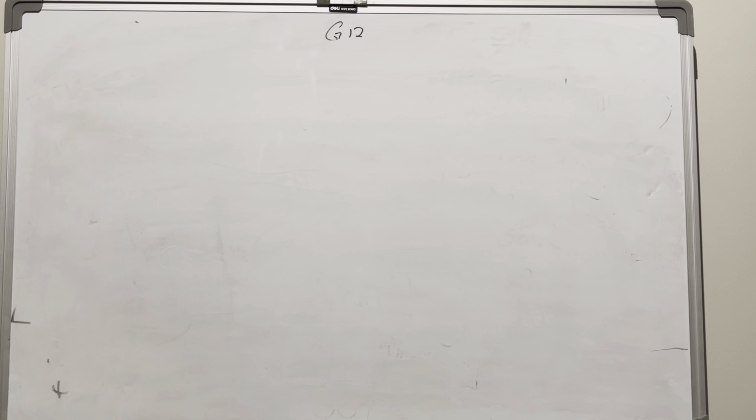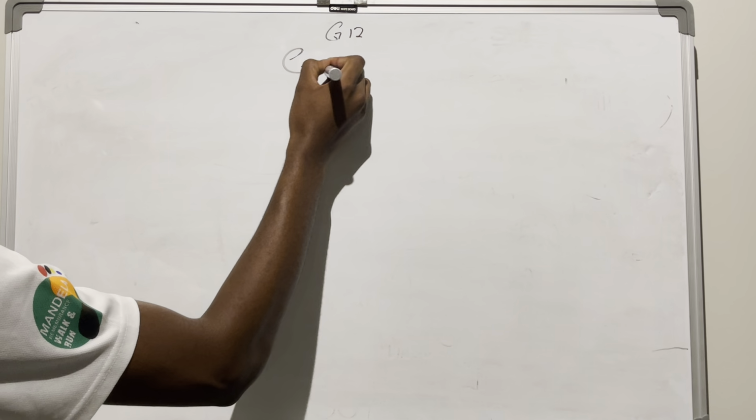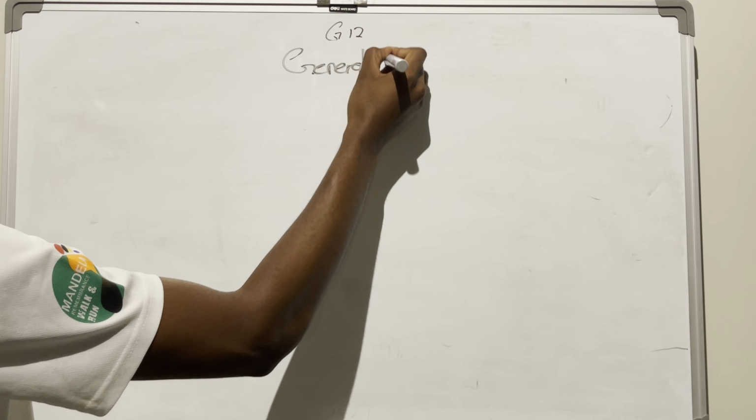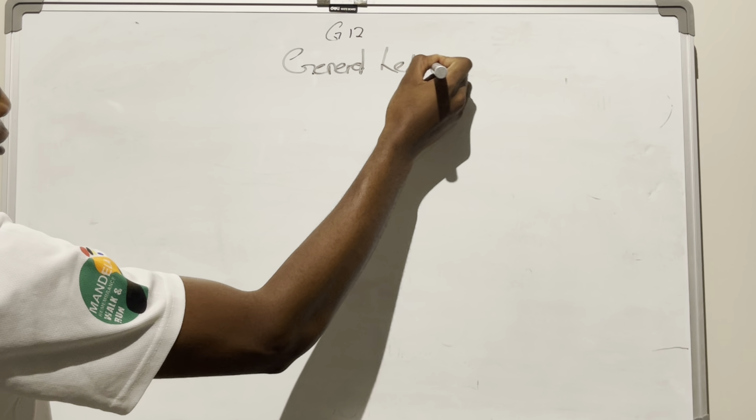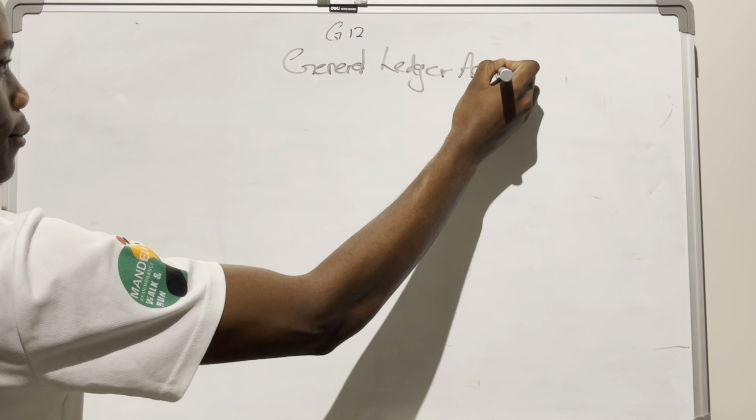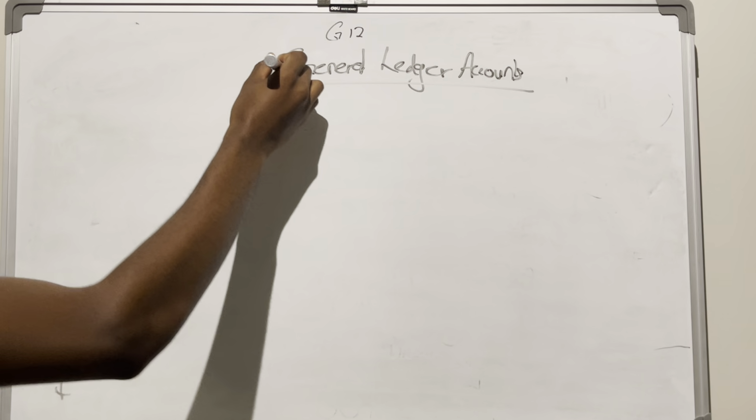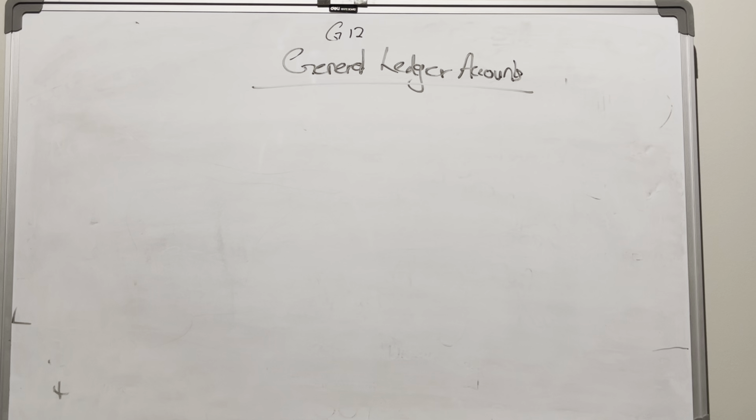Next up, which is the last thing we're gonna do for today, your general ledger accounts. Do you think you can name them for me? There's 7 important general ledger accounts that you're gonna be exposed to throughout the whole year.